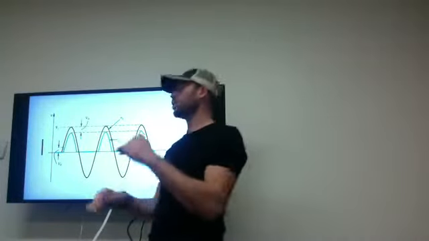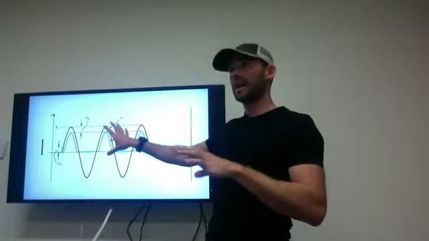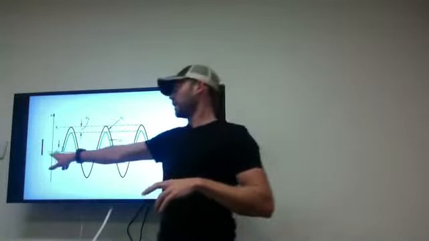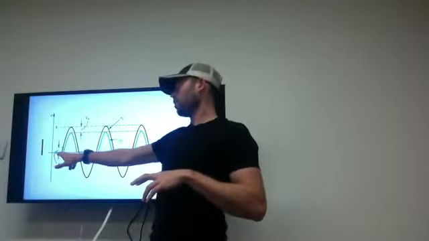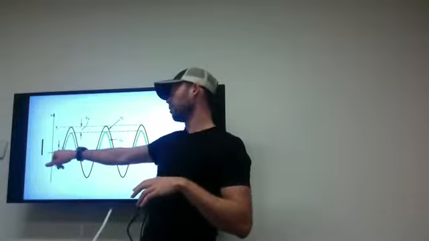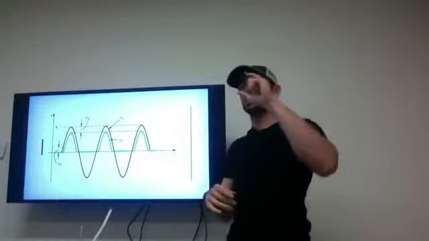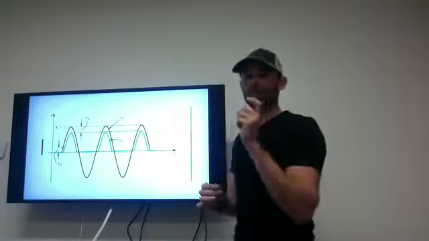Once that input signal goes through the bridge rectifier, this is just a diagram of the half wave, not the full wave. It's 0 when the sine wave is in its negative cycle. This little gap right here is the voltage drop over the diodes.